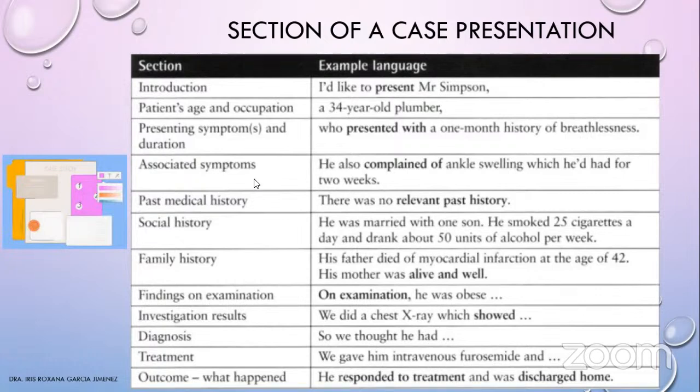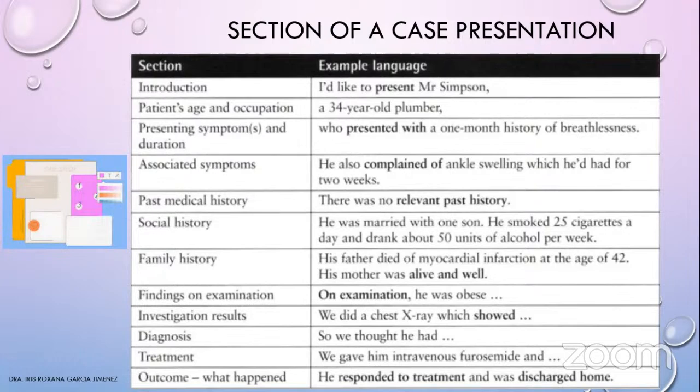The associated symptoms: he also complained of ankle swelling, which has lasted 4 weeks. The past medical history, the personal medical history: there was no relevant past history, maybe because the patient was without any pathological situation.